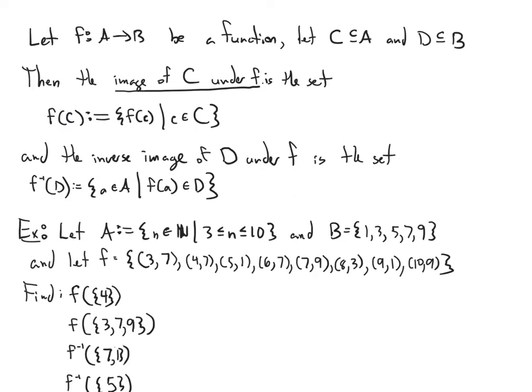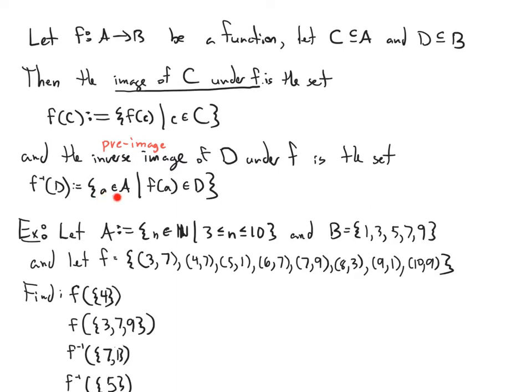The inverse image, sometimes called the pre-image, that's another phrase you might see for this, is like a generalized inverse in the way that the function doesn't have to be invertible for this to work. But the idea is, if you're taking the pre-image of a subset of your codomain, here it is, D, you're looking for all elements in the domain that get mapped to those elements in your codomain.